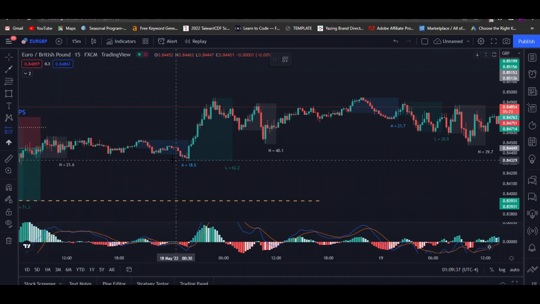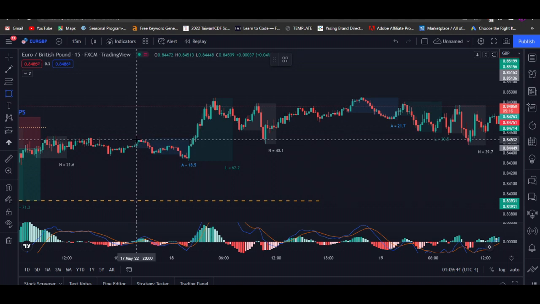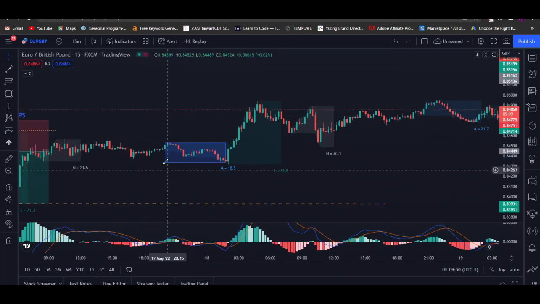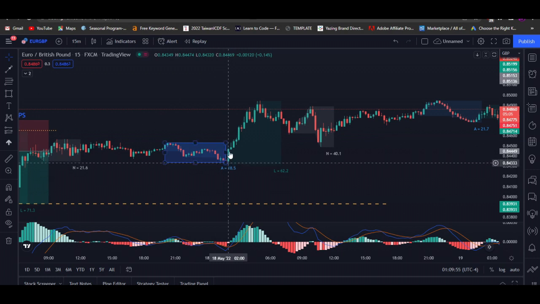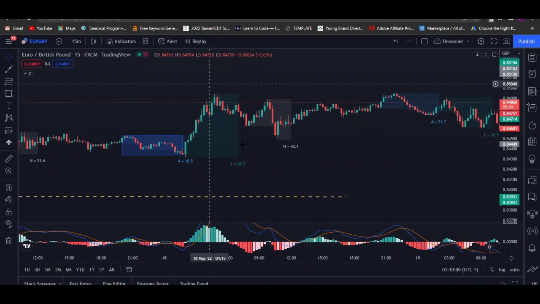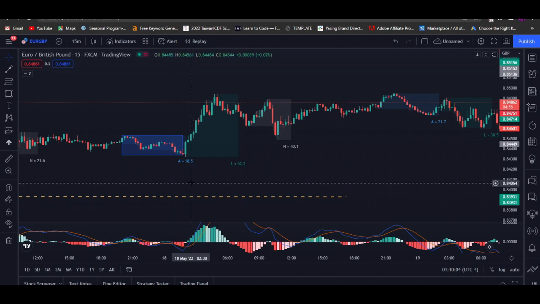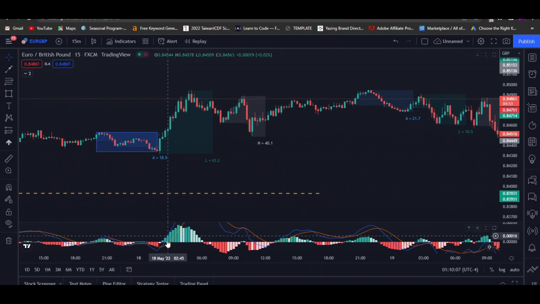So we have a long. Oh, let's draw the Asian box for clarity. You can see the Asian box right here, and you can see price drop below the Asian box with this wick and this bullish candlestick, and then went up for a buy setup, a reversal buy setup. So we look for entry right on the MACD right here on this bullish candlestick.